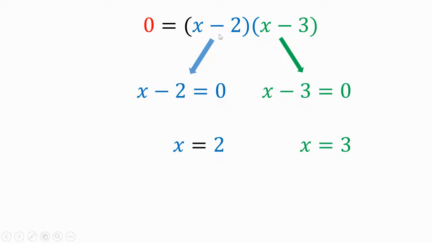I'm going to set each factor equal to 0. So I'm going to do x minus 2 equals 0, and I'm also going to do x minus 3 equals 0. When I add 2 to both sides, I get 2. When I add 3 to both sides, I get 3. That's what's happening. So the shortcut is, whatever you see the factor is, the opposite is going to be your zero. All right, good.